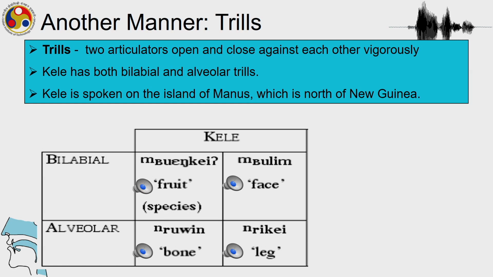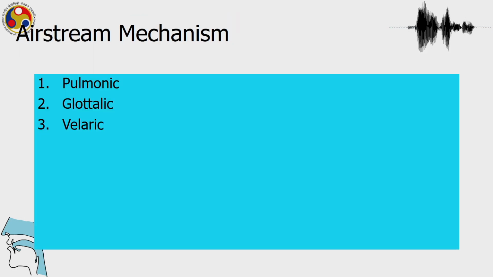So now we have seen voiceless nasals and trills which are bilabial or alveolar, and something which we had not seen so far, and other aspects which we will cover is that of the airstream mechanism, that is pulmonic, glottalic or velaric, that languages can contrast.